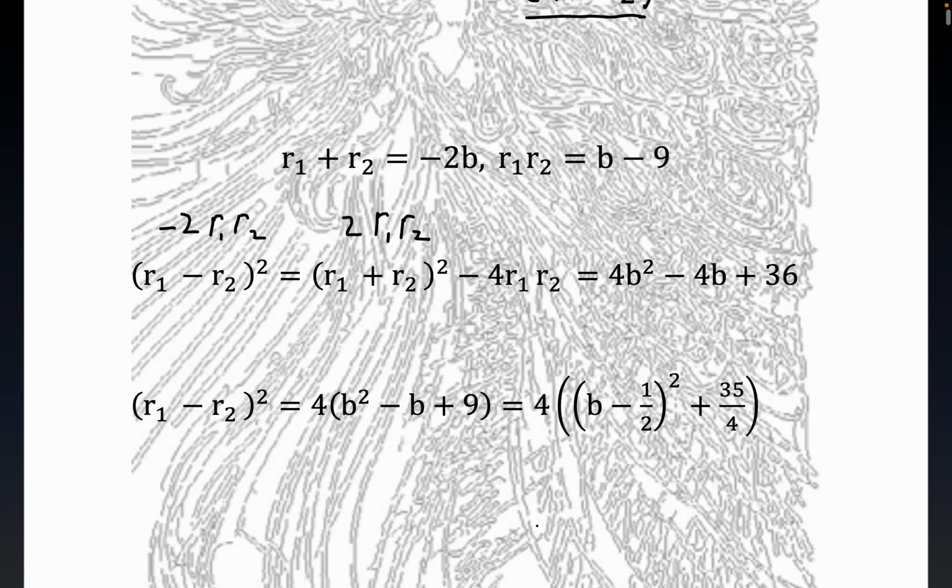Let me write down b minus 1/2 squared off to the side. It's a standard idea of taking the coefficient of the linear term and then dividing it by 2. And then when you expand this out, you get two of the terms of interest.